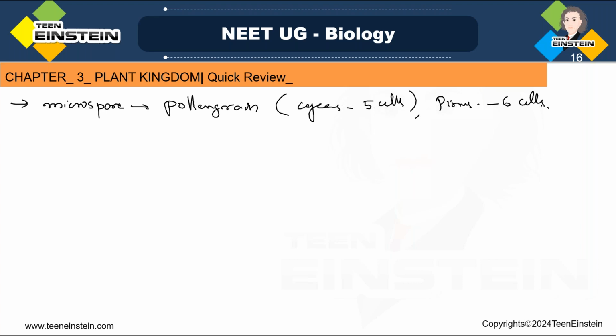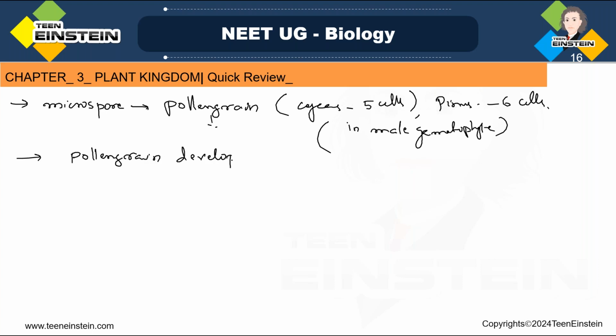These many cells are present in a mature male gametophyte. Clear? In cycas it is 5 cells and in pinus it is 6 cells. Then the pollen grain is formed, right? The development of this pollen grain takes place within the microsporangia.